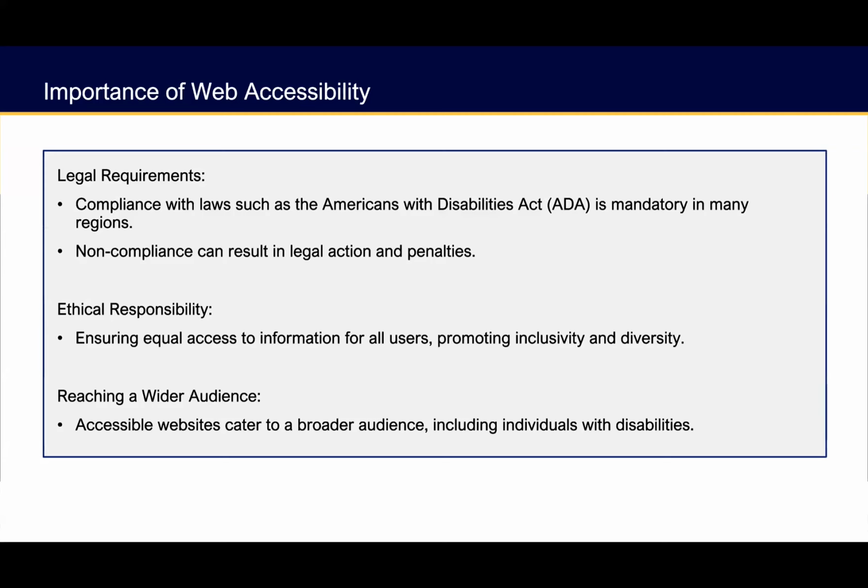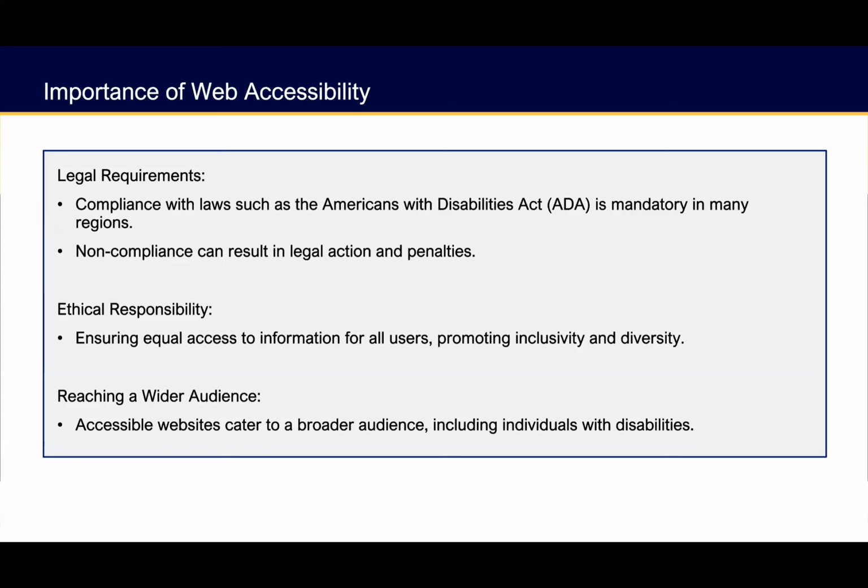Now, of course, when we say web accessibility, there's some things that come along with that that make things a little more complicated. Okay? First of all, there are some legal requirements.